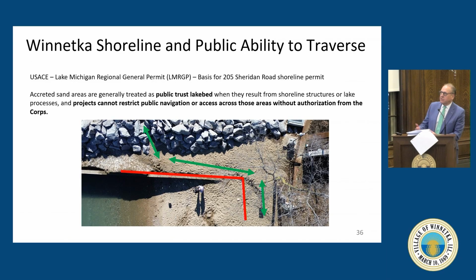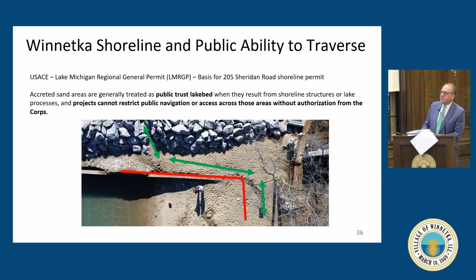This is the general permit. The permit obtained by the owner of the 205 Sheridan Road property was a general permit from the Army Corps, and it just identified that certain parts of the lakefront area, accreted sands, would be available for public access.